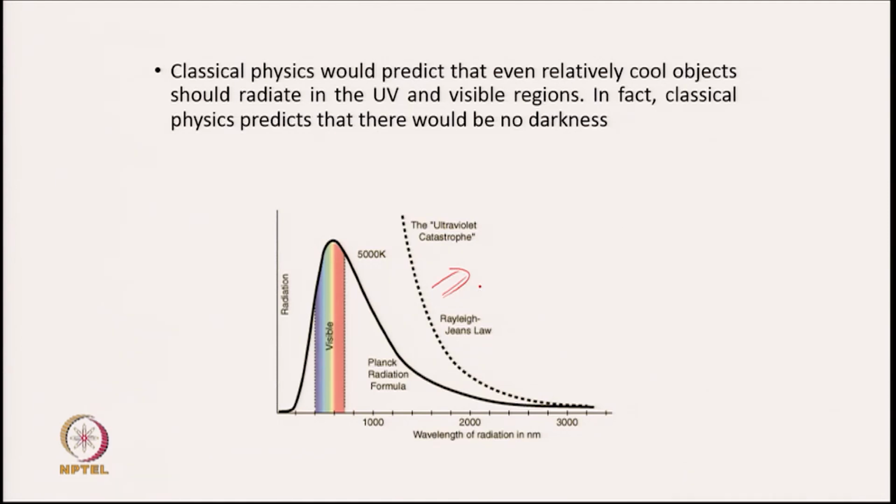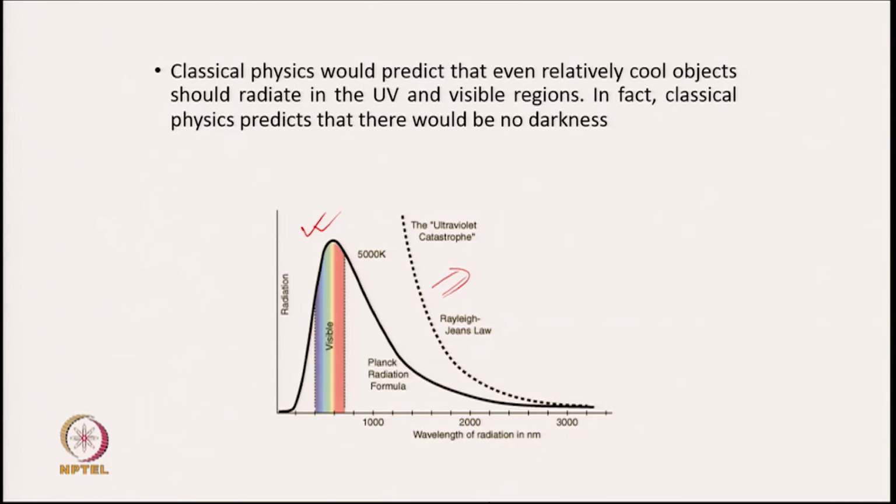Classical physics predicts that even relatively cool objects should radiate in the UV and visible region, and in fact it predicts that there would be no darkness, but that is not true. The observed one is this, where this is increasing wavelength, and in this direction you have increasing frequency.